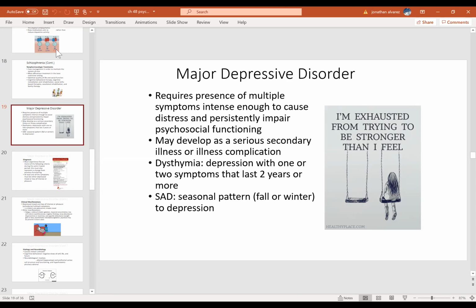Okay, this can also develop serious secondary illness or complications. It's kind of no secret that the longer a person lives in a depressed mode and other mental illness modes, it takes your health and goes south. We could talk about the gut-brain axis because of that.